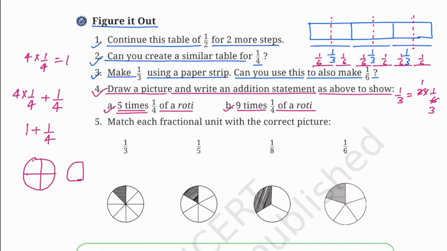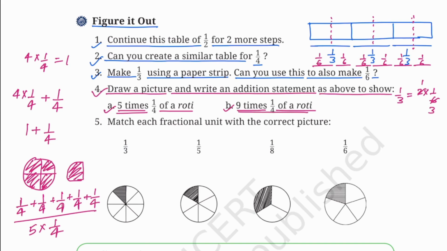You can see 1, 2, 3, 4. That is 1 upon 4, 4 times, and this one again 1 upon 4. That means 5 times 1 upon 4. Similarly, you can draw 9 times 1 upon 4 of a roti.